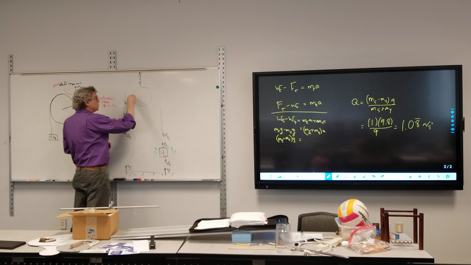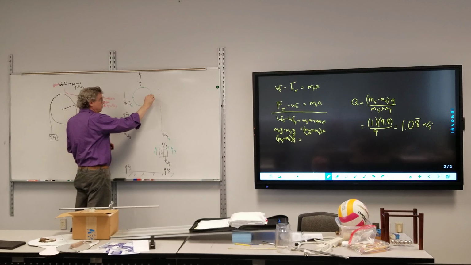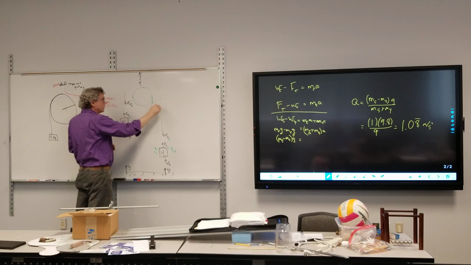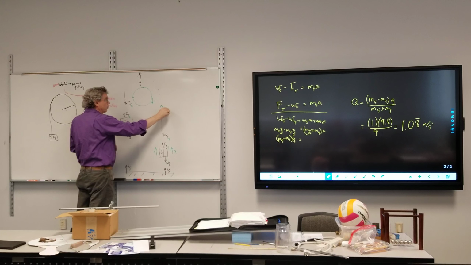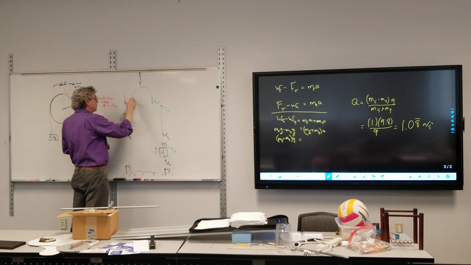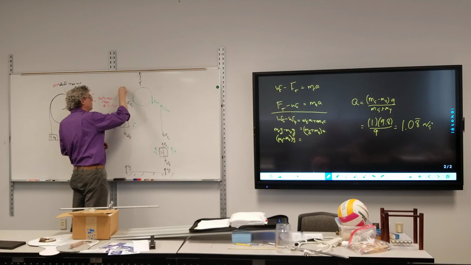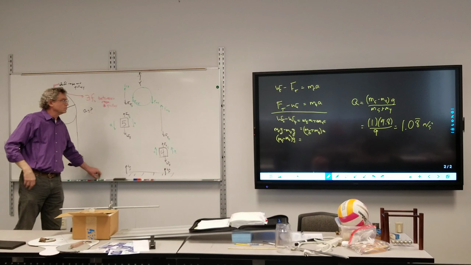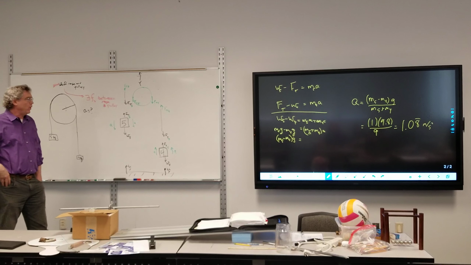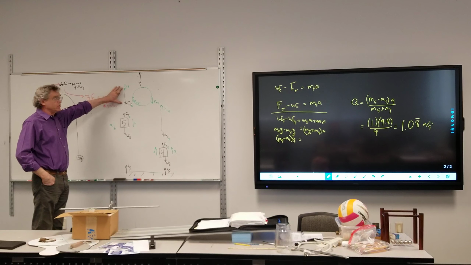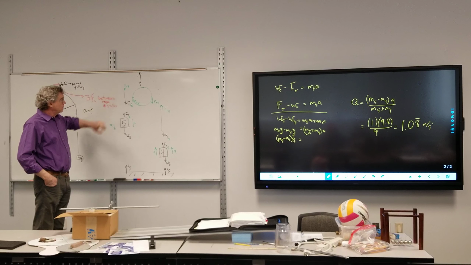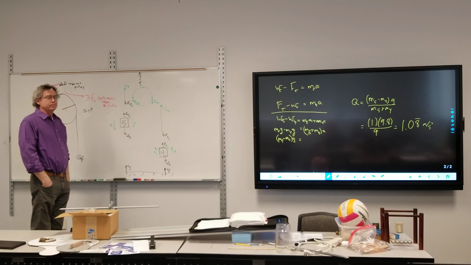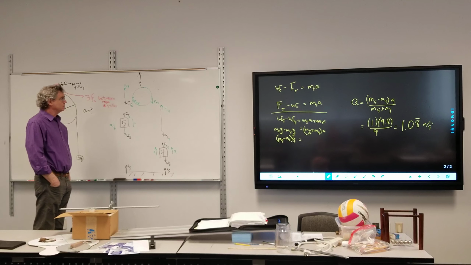Now we are still assuming a massless rope, but we will have a tension acting at the other end here, FT4, FT4, FT5, FT5. If the rope had weight to it, then these tensions would not be the same anymore. But that's for another day or another class.